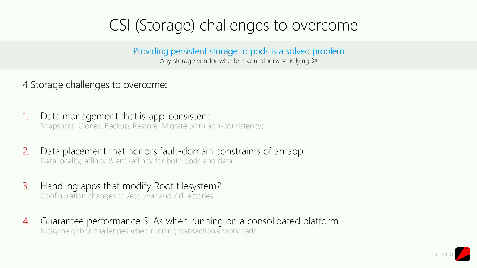And finally, the one cool thing about Kubernetes is that it allows you to consolidate your workloads. If you take beefy servers and you want to run multiple databases on them, you're essentially putting multiple databases on the same physical host. This is a great benefit, but with it comes a bunch of operational challenges. Let's say you're running multiple Mongo shards on the same host.